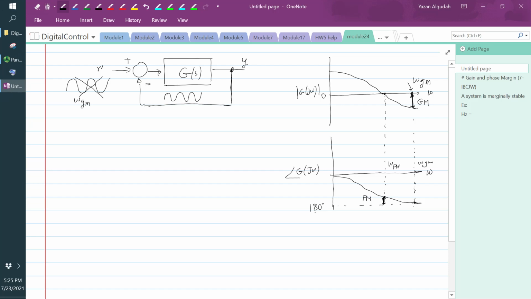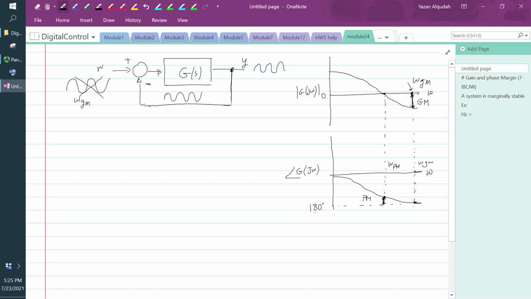Now if the gain of the forward loop G of S is less than 1, then the signal is going to continuously diminish and die out, and therefore the output is going to go to 0. Now if the gain of G of S at that frequency is equal to 1, then this signal is going to just go through G of S, and is going to keep going back and forth, and therefore I'm going to have an oscillation at the output with constant amplitude.